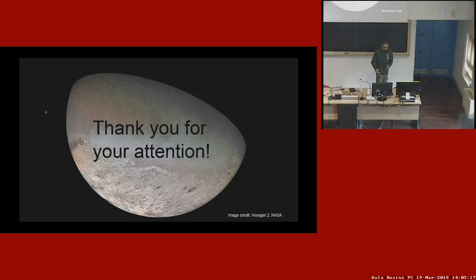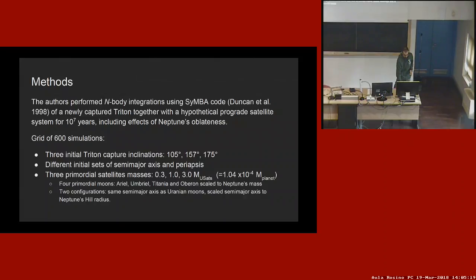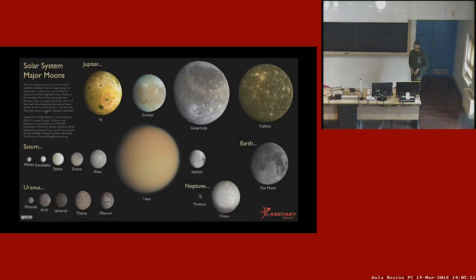For example, I was showing these are the major moons of the gas giants. There are other moons which are considered regular moons, principal moons, which are usually inner than the innermost. So Jupiter has 4 moons inner than Io, and Saturn has billions of moons inner than Mimas, which are the rings and the shepherd moons.